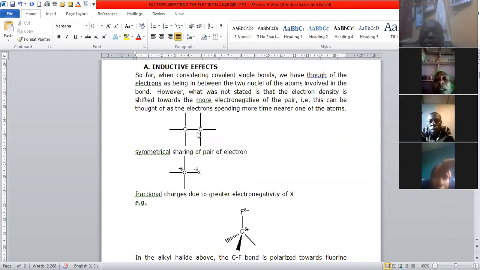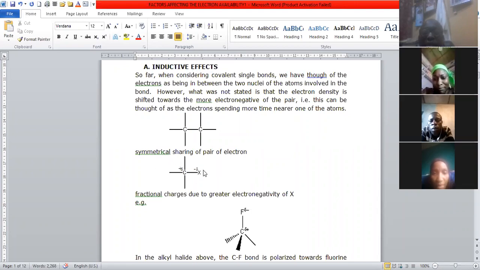Therefore, the bond between carbon and hydrogen is also non-polar. That is why generally hydrocarbons are non-polar compounds. Do you get that now? Yes, sir.